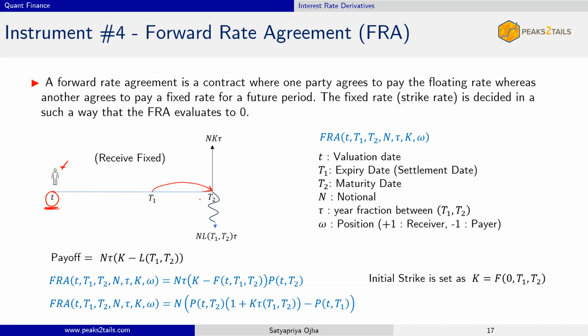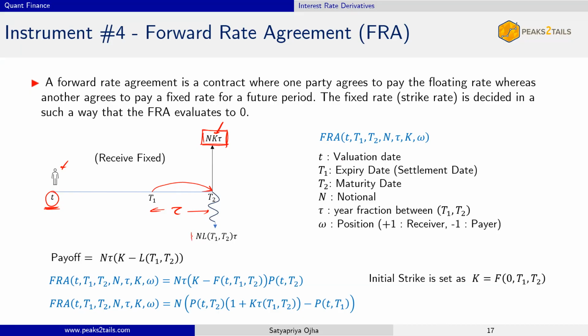One guy tells you that I will give you a fixed rate, K. There is some notional, N, times K times the period applicable, tau. So naturally the interest payment that you'll get over the period is N times K times tau.